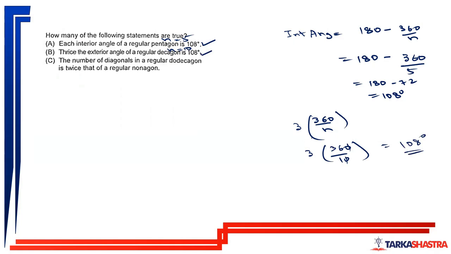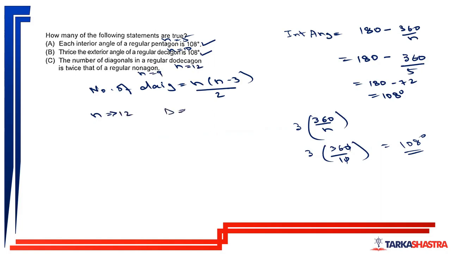The number of diagonals of a regular dodecagon is twice that of a regular nonagon. Number of diagonals is nothing but n into n minus 3 by 2. These are known formulas. If n is equal to 12, the number of diagonals is 12 into 9 by 2, so 6 into 9, that is 54.